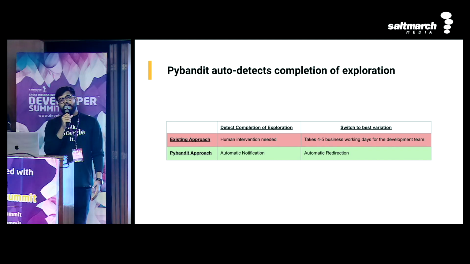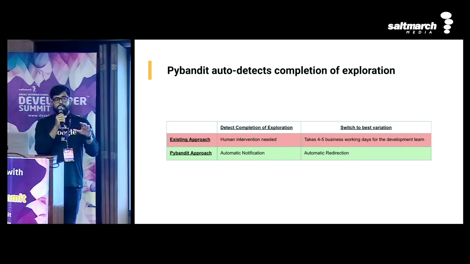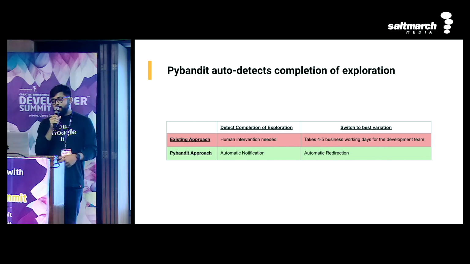Then it will take time to actually implement it with the marketing team, to exploit that result and target the traffic towards the best variation. But in Pybandit, it automatically takes care of everything. It automatically exploits, and at the end of the day, it directs all consumers towards the best variation.